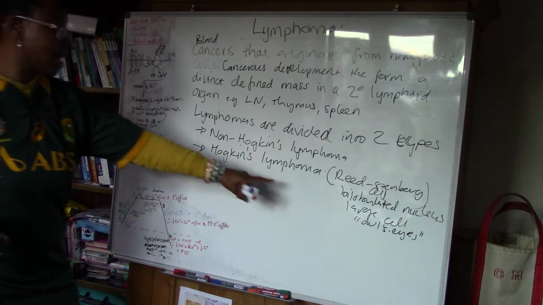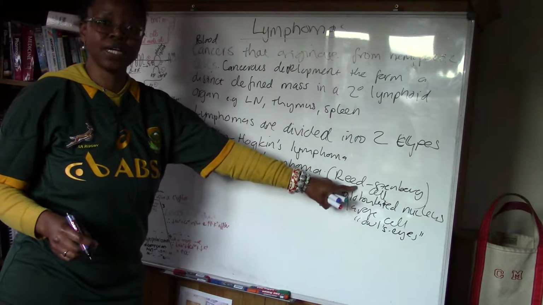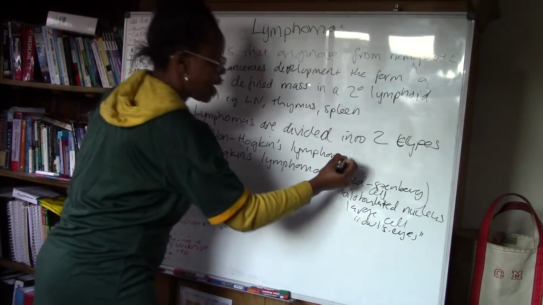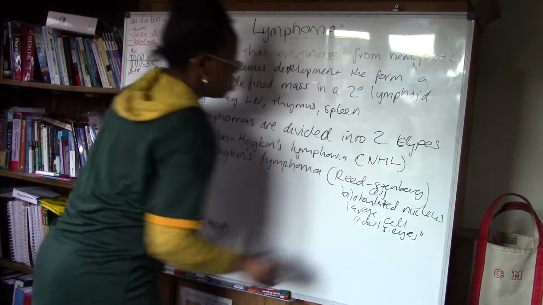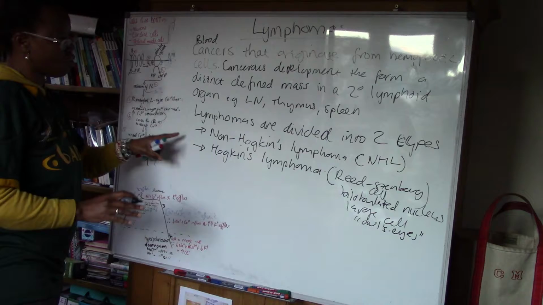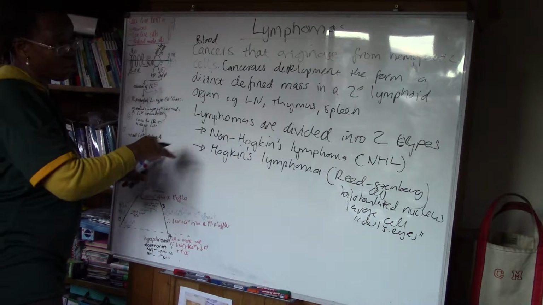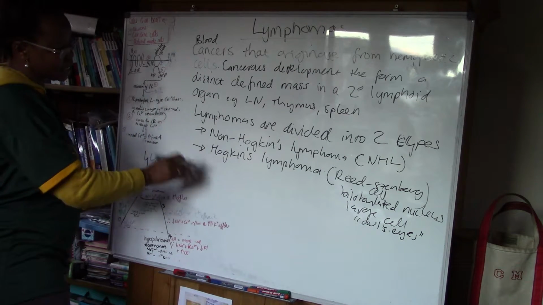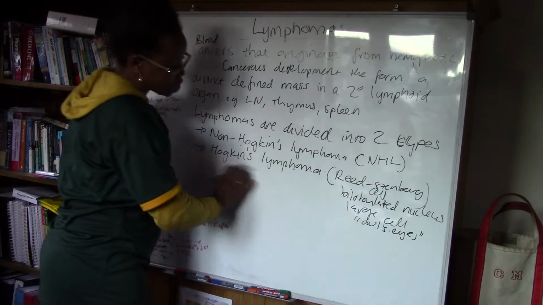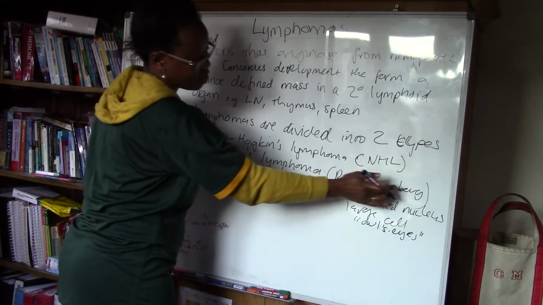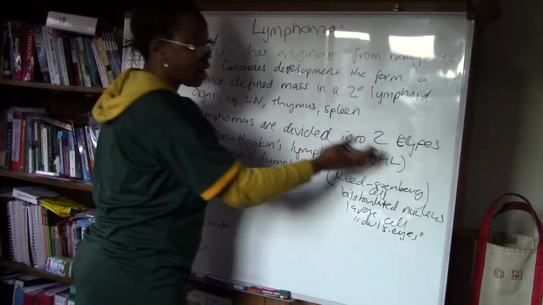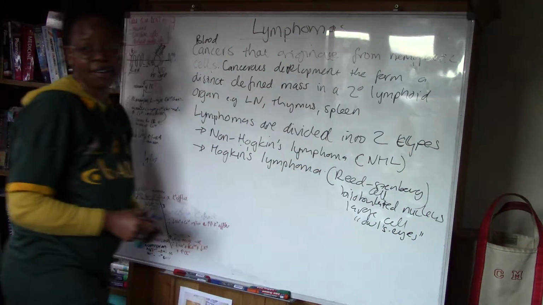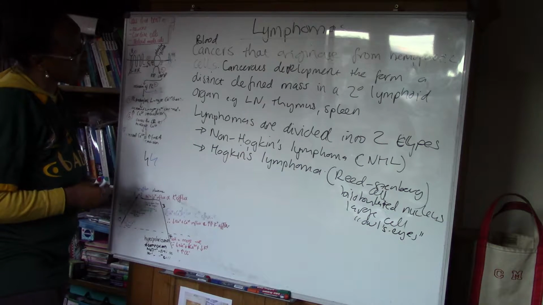And everything else that does not have the Reed-Sternberg cell is then a non-Hodgkin's lymphoma. So these are the two types of lymphomas that we know of. It can either be a Hodgkin's lymphoma due to the presence of a Reed-Sternberg cell, or a non-Hodgkin's if it does not have one.